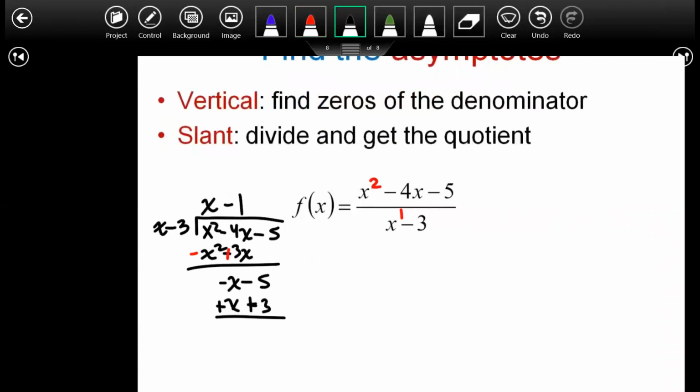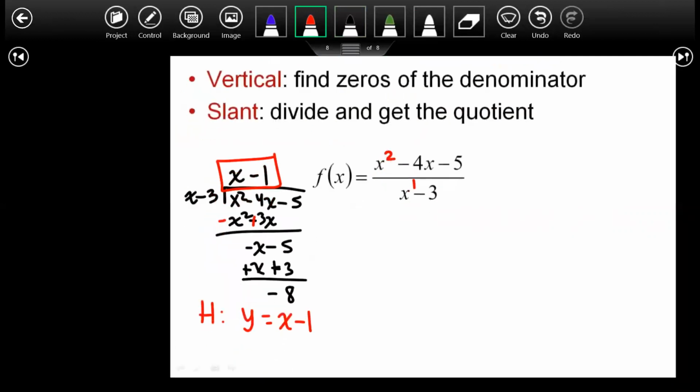This will be plus and minus, which will just give me negative 8. The only thing I need, because it's a slant asymptote, is my top values here. The asymptote will be from my quotient. In this case, let me just write it out: y would be equal to x minus 1. y equals mx plus b. We're going to be able to graph this. That is an asymptote. I'll do this for tomorrow as well.